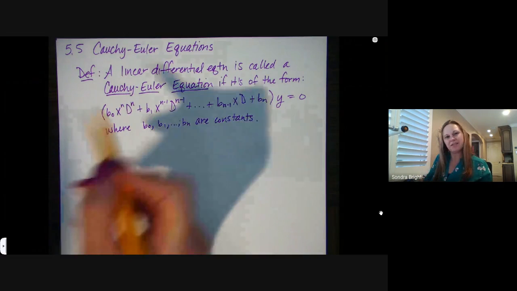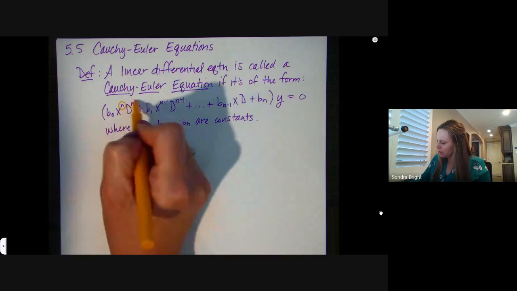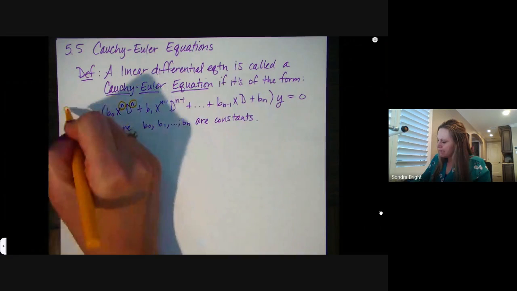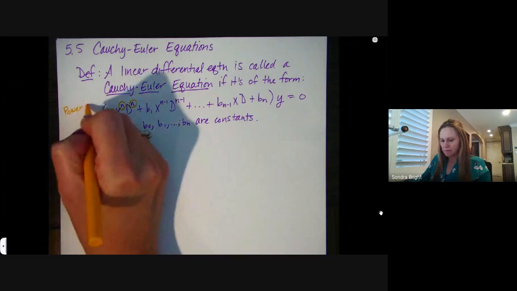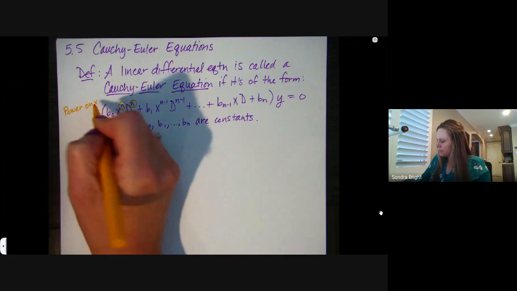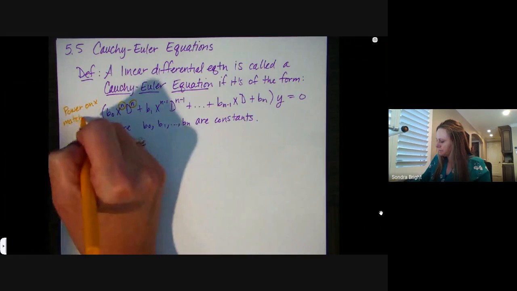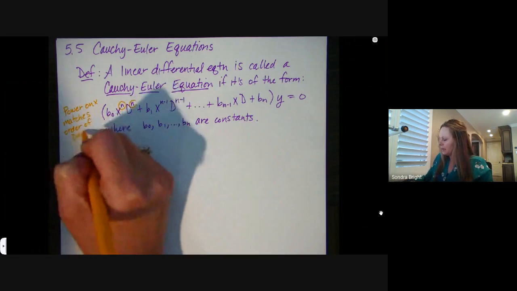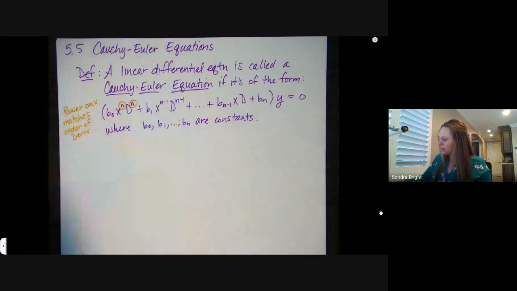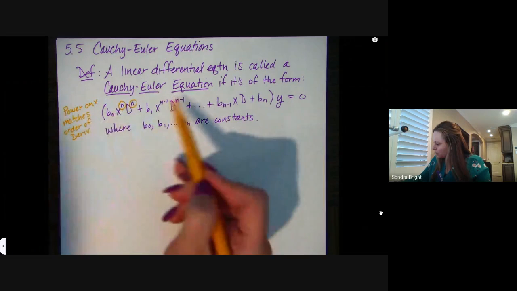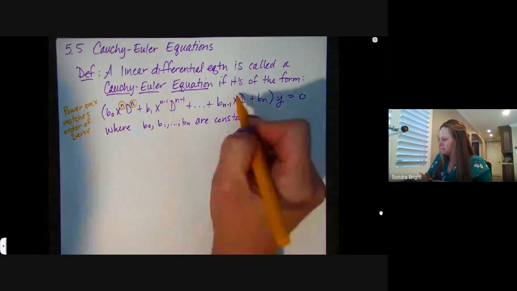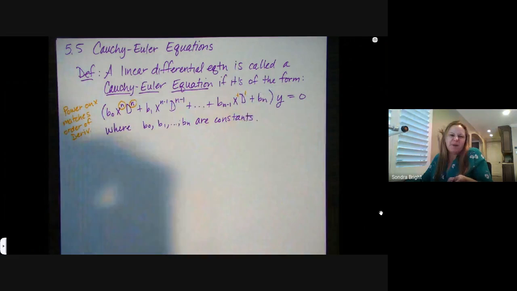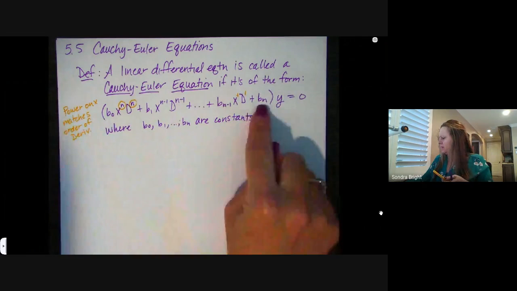That's what makes it Cauchy-Euler, that the power on x matches the order of the derivative for each of the terms. Now, you've got n minus 1, n minus 1. This is like an invisible 1, and there's a 1 there. And there isn't an x, it's like x to the 0, it would be on y.